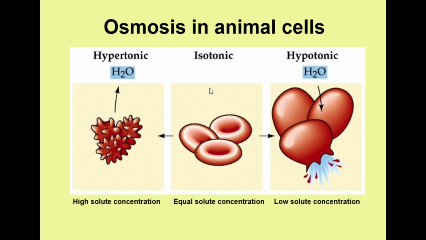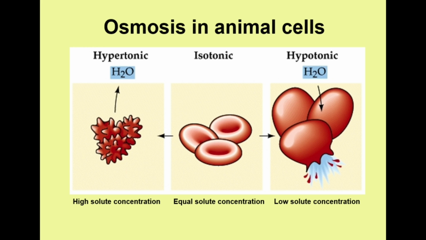And if you notice, they prefer to be in what is referred to as an isotonic environment. If we look at the bottom here, what isotonic means is that the solute concentration will be the same inside the cell as it is outside the cell.